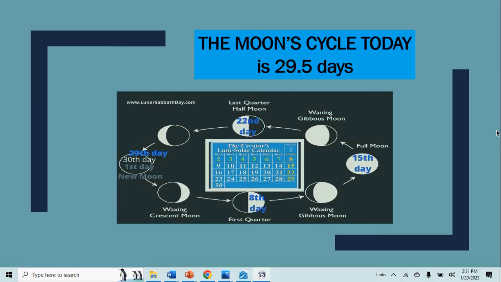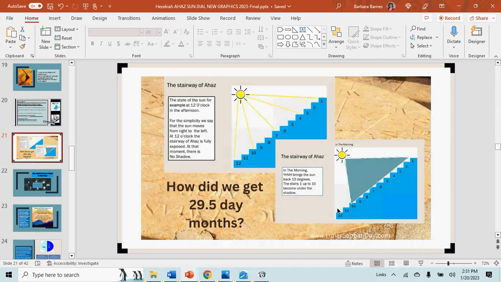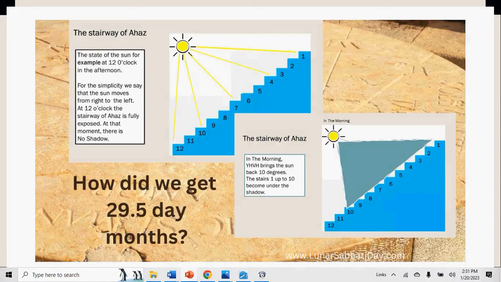Go ahead, Brother Pete. I wanted to point out the staircase of Ahaz. In the ancient world, the way to keep track of time was astrological observation. And they had observatories where they did what?